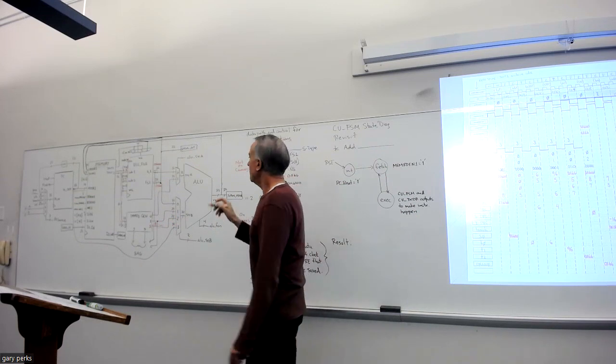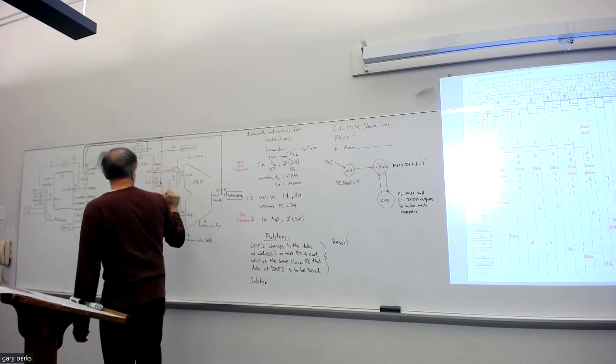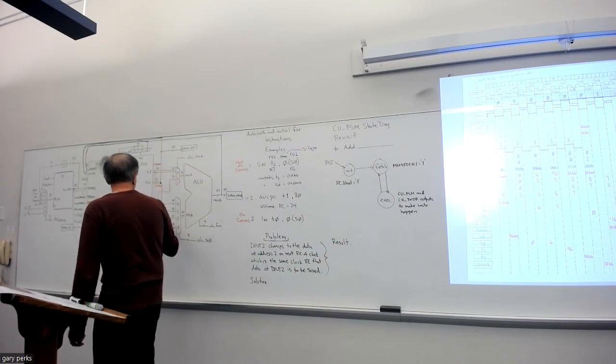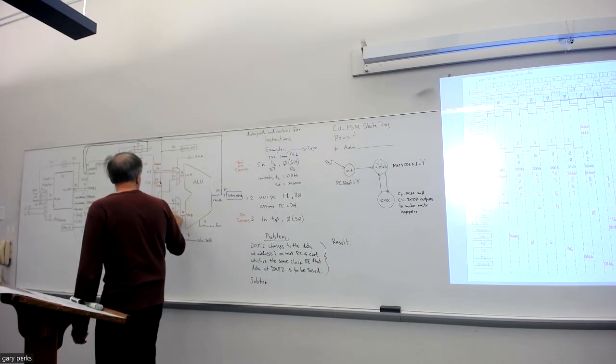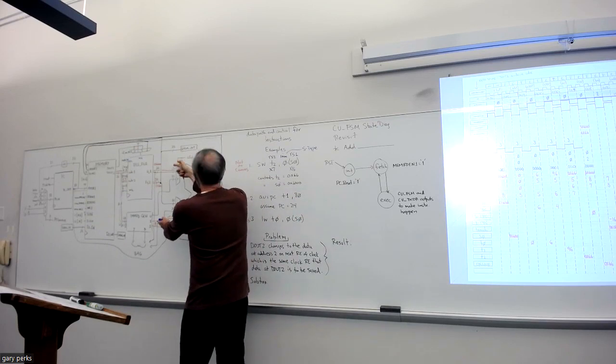Okay? This hex 6000 is going to go to this mux here. The S immediate of 0 is going to go to this mux, and those are the two things that are going to get added.